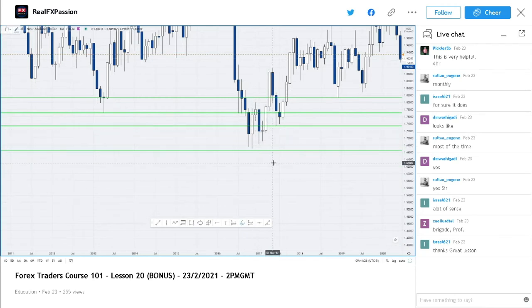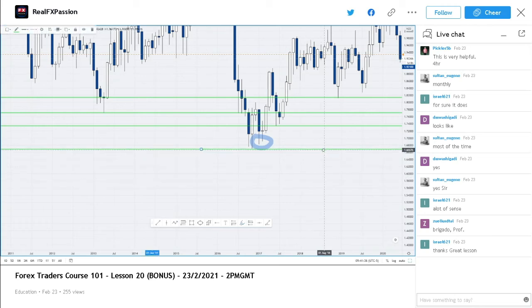It would be wrong if I put a support line on this wick here. Why? Because this is not a low. This blue candle is not a low. Look left. The second candle on the left has a lower low value. It should be a higher low value, but it's a lower low value.